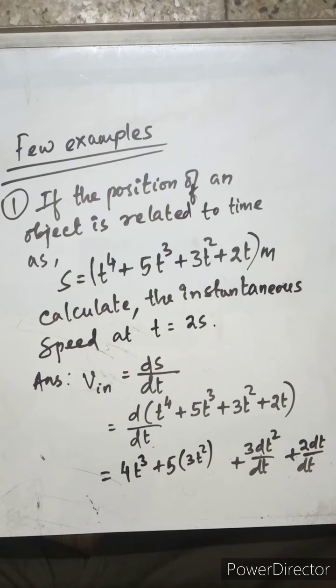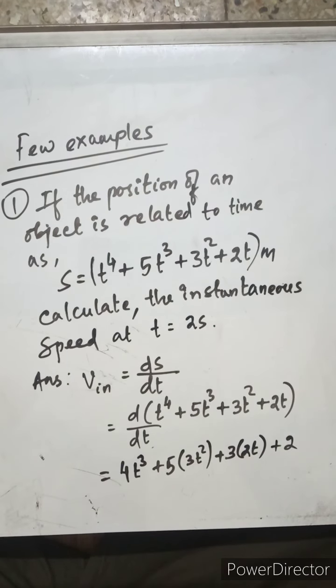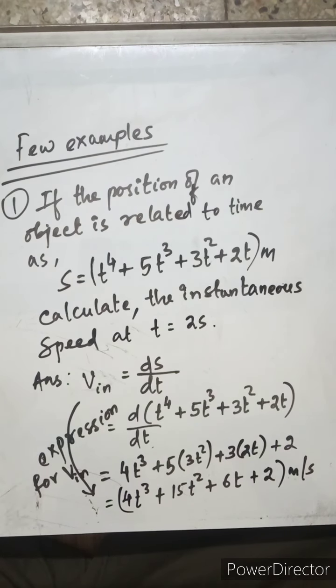In the second case we have 15t square, 5 being the constant staying outside. In the third, plus 3 times 2t, and finally 2 times dt by dt gives me only 1. So we have 4t cube plus 15t square plus 6t plus 2 meters per second.